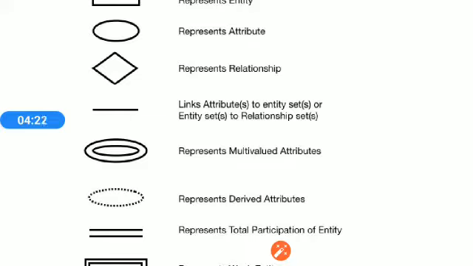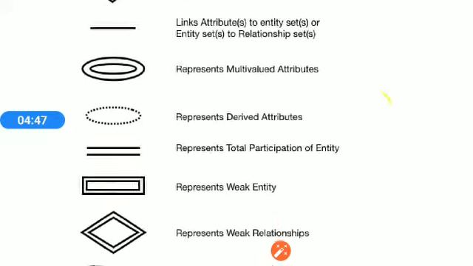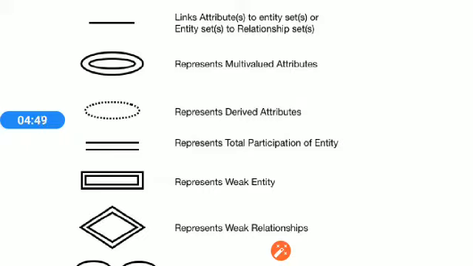A dotted oval represents the derived attribute. Derived means it has been derived from another attribute. An example of this is age. If we know the date of birth of a person, we can easily determine the age. So the age of the person is a derived attribute, and that is indicated by a dotted oval shape.